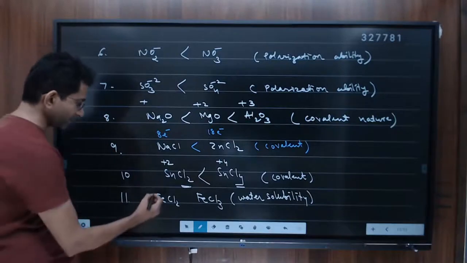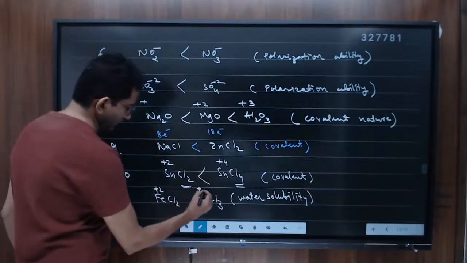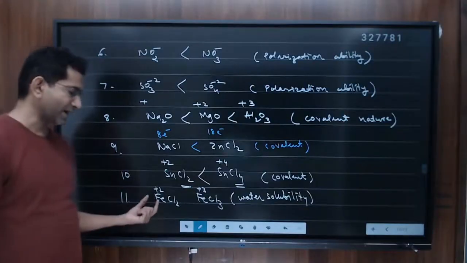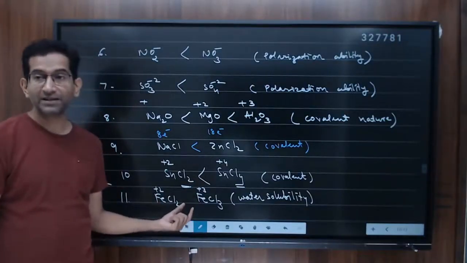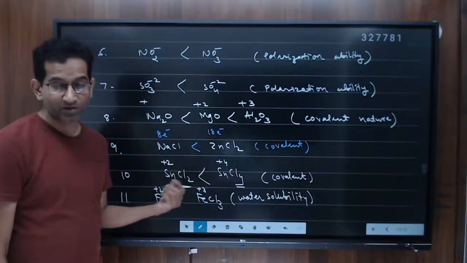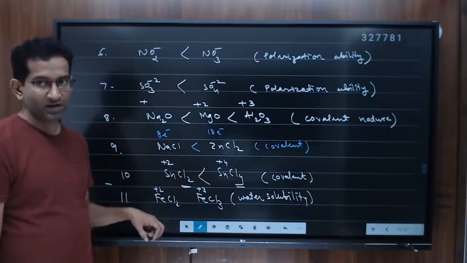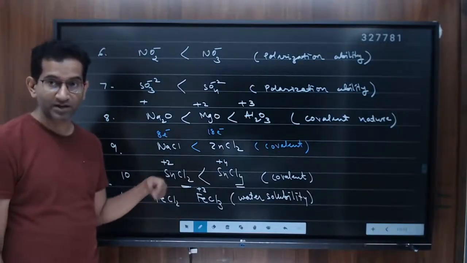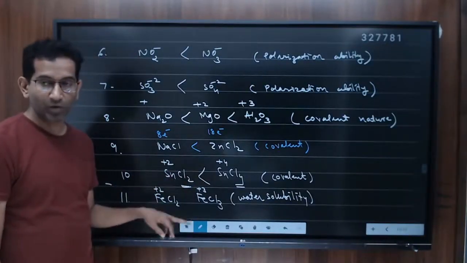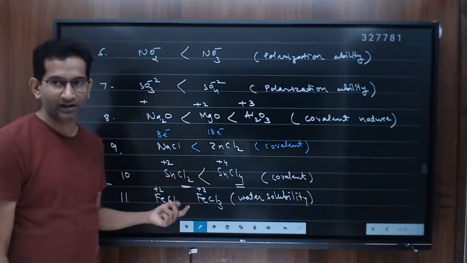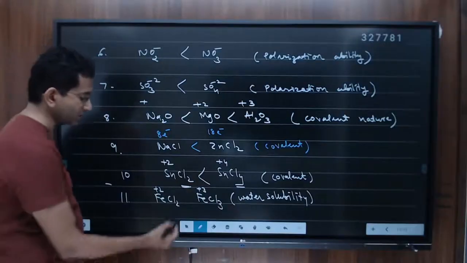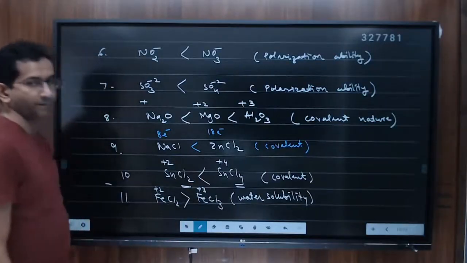This has Fe plus 2 and this has Fe plus 3. Look at this. Fe plus 3 has large positive charge and small size. So cation is small. Cation is small means polarization more. Polarization more means what? More covalent character. And more the covalent character, less will be the water solubility. Your answer should be this.